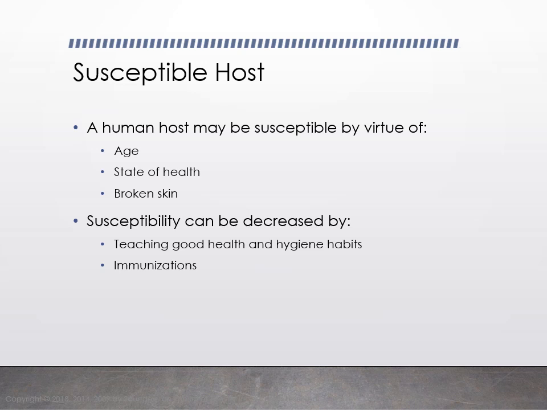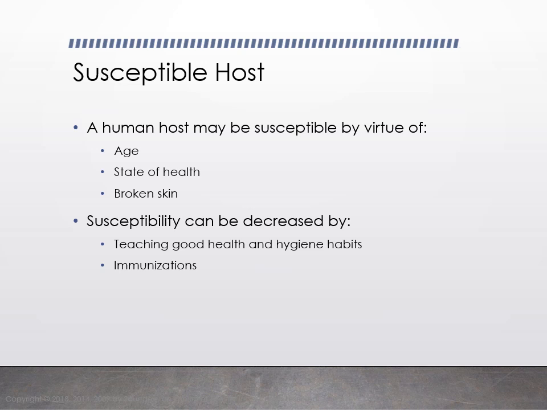Susceptible host. Susceptible hosts can be protected by using aseptic techniques, barrier precautions, which we mentioned a few of in the previous slide, and protective isolation, which we've talked about in this presentation.